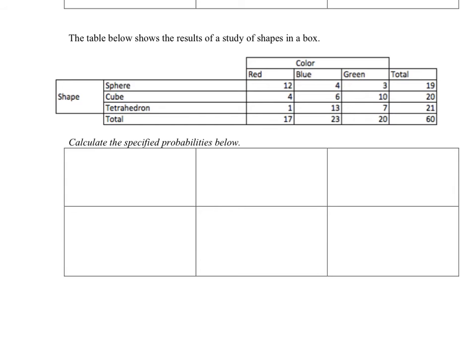And so these are the things that I want you to calculate. And this time the abbreviations will speak for themselves. What's the probability of picking a red shape given that it is a tetrahedron? What's the probability of picking a cube given that that shape is blue? What's the probability of picking a sphere given that that shape is green?